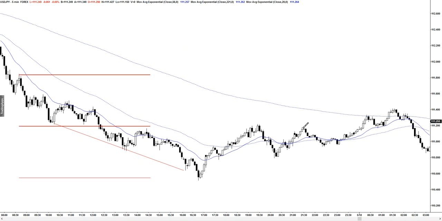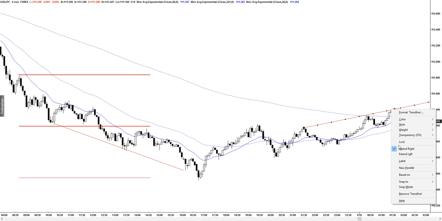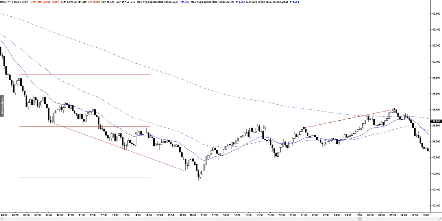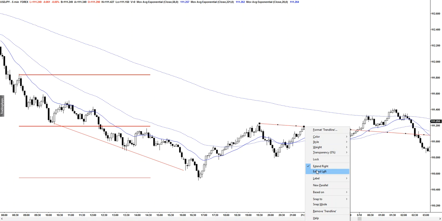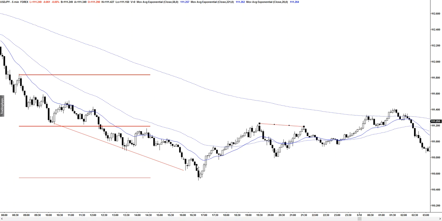I would either call it a simple spiking channel, spike, pull back, three pushes, one, two, and three, or I would call it consecutive tops. We had a double top here. So first push, pull back, second push, followed by another top up here, first push, pull back, second push.